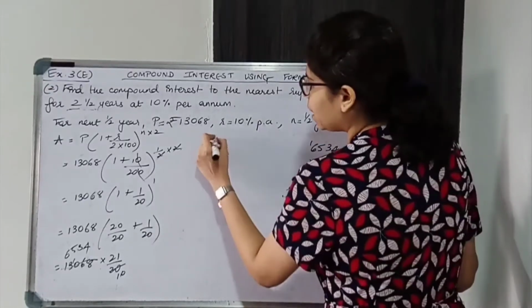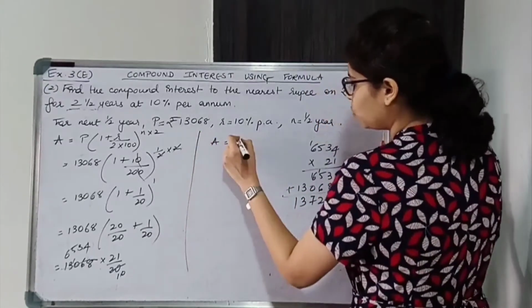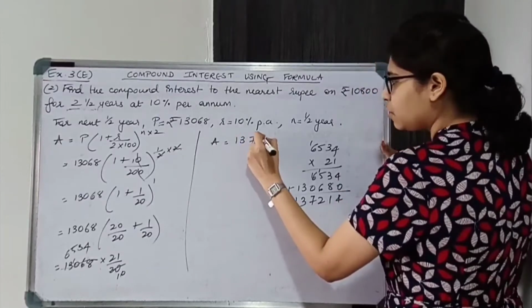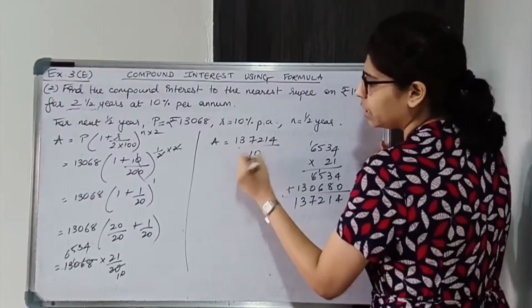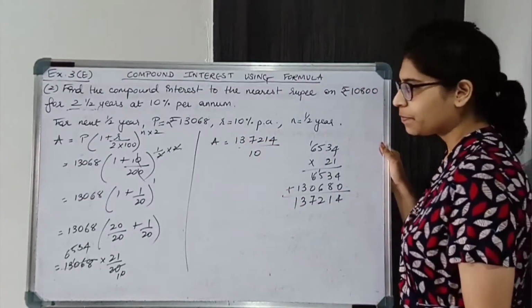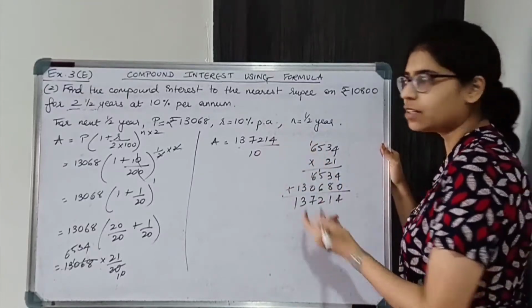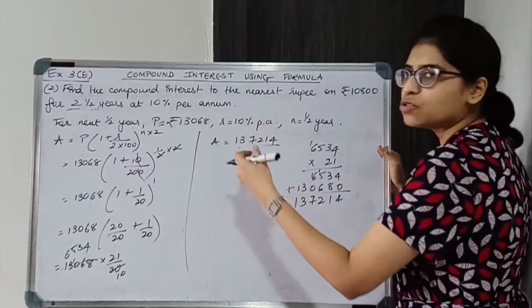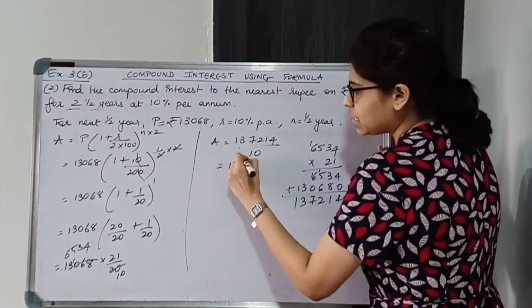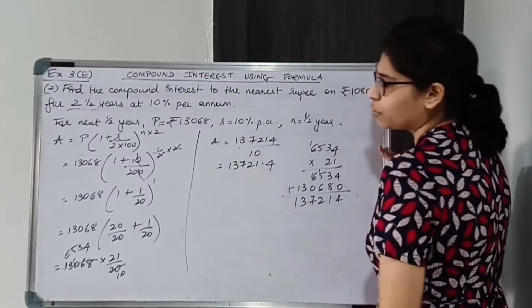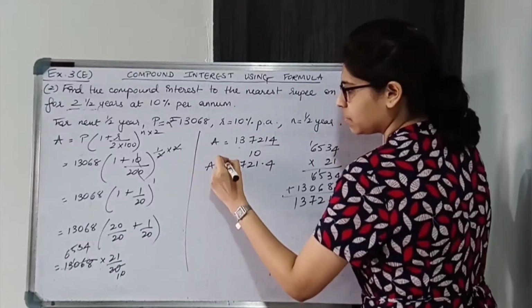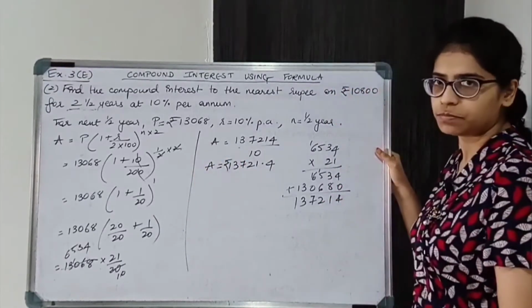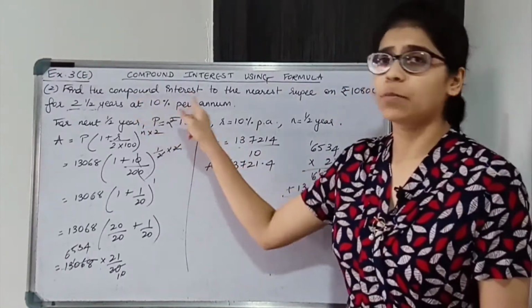So we get A is equal to 137,214 upon 10. Okay, now you just need to put the decimal point after one digit because there is 1 zero. If there were 2 zeros, after 2 digits. So 13721.4. This is the amount, but we need to find compound interest.